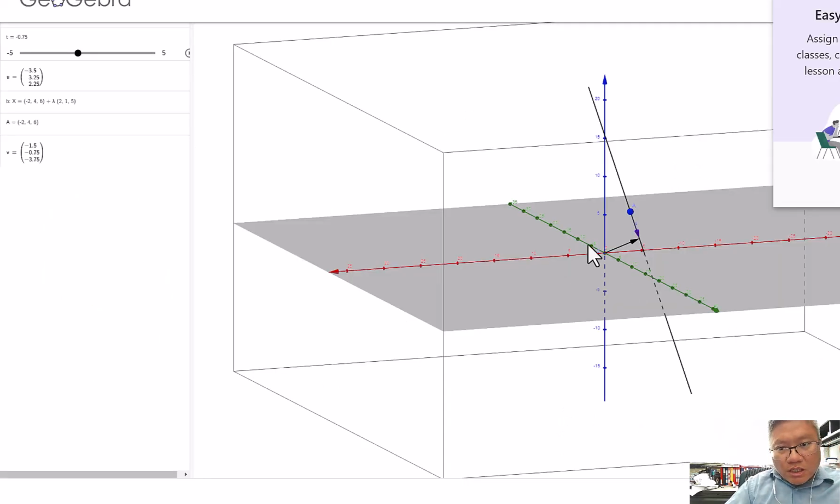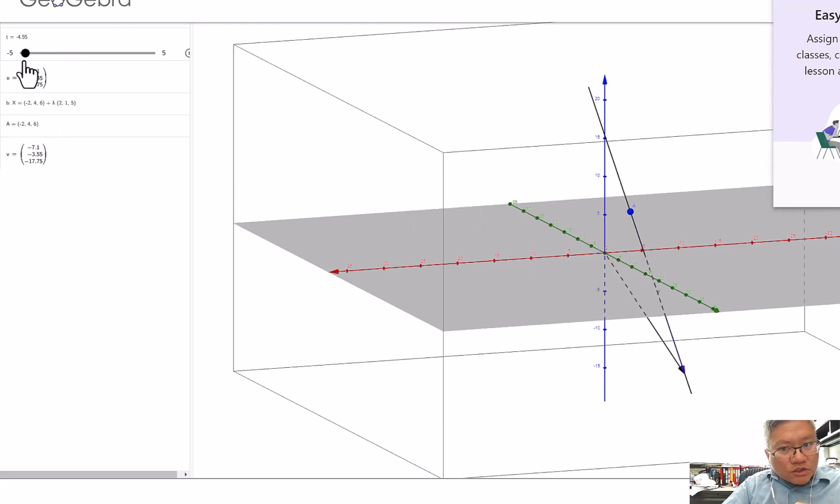You can see that this is one such example. The t here can change its value from -5 to 5. If you put t equal to -5, you will see that the output of this function is going to be a point, which is here, and then they give you the position vector of that point.